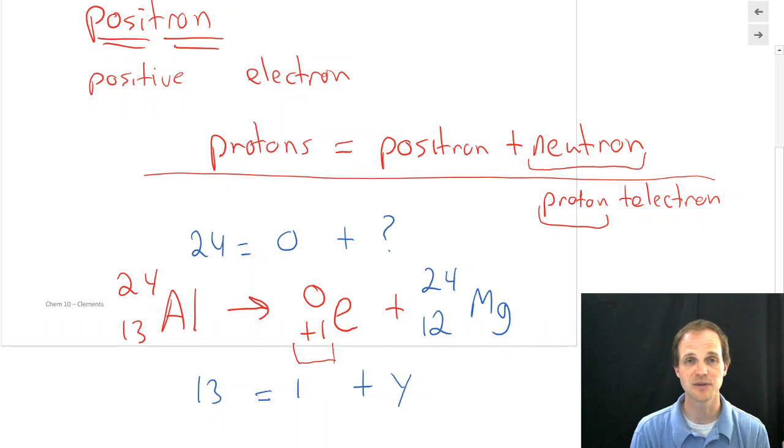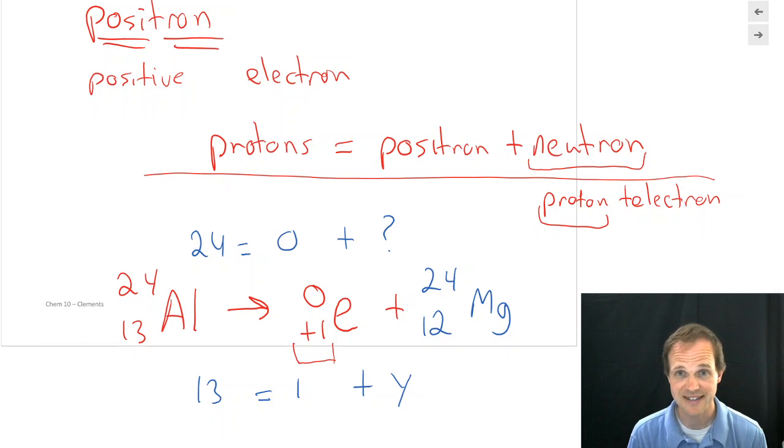So we say aluminum-24 undergoes positron decay to form magnesium-24. When we say these isotopic symbols out loud, we just say the element name, aluminum, and the mass number of 24. So we call it aluminum-24.